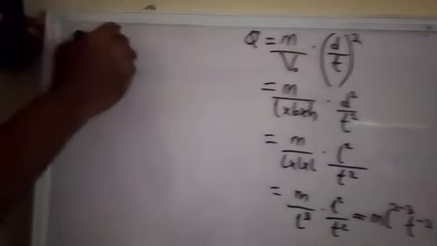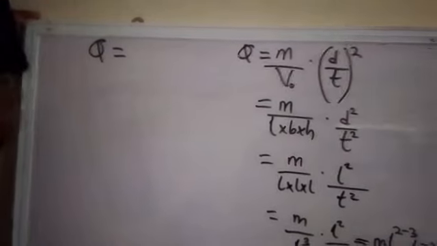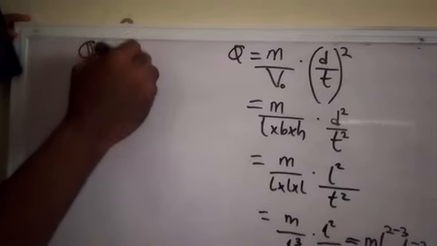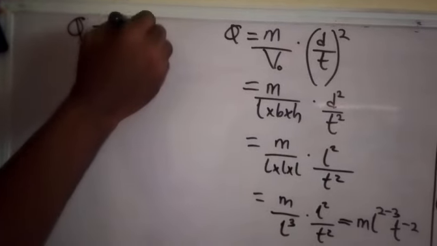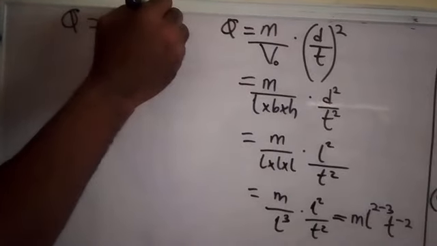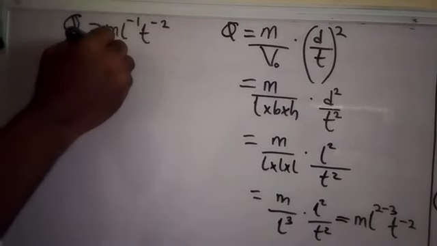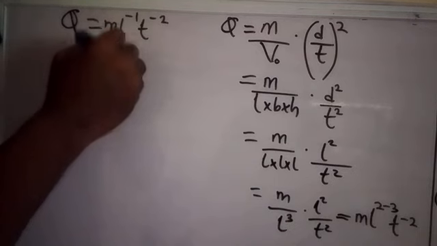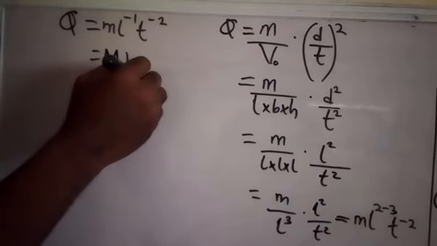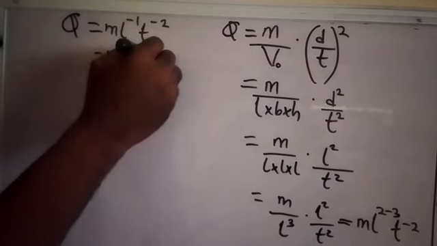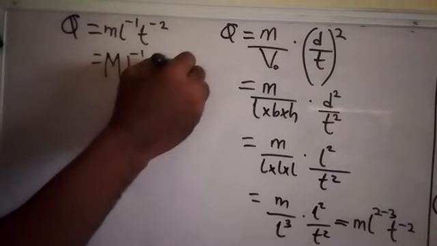So we have here Q equal to M L raised to power minus 1 T raised to power minus 2. Dimension requires that we use capital letter M for mass, capital L for length, and capital T for time.